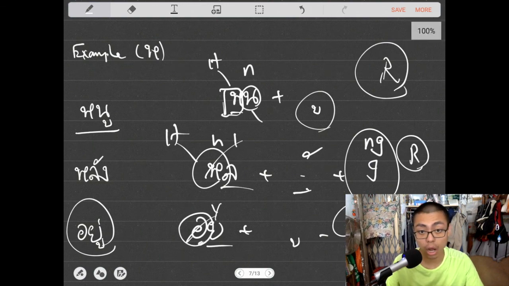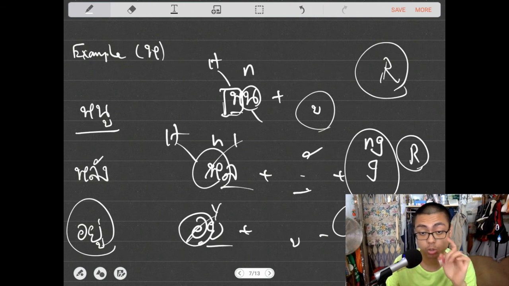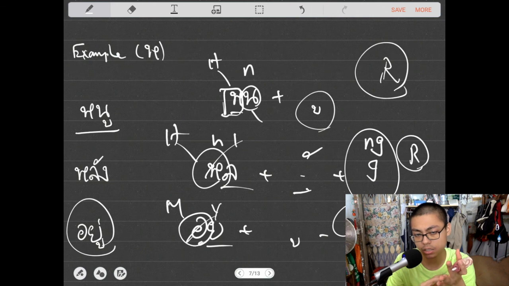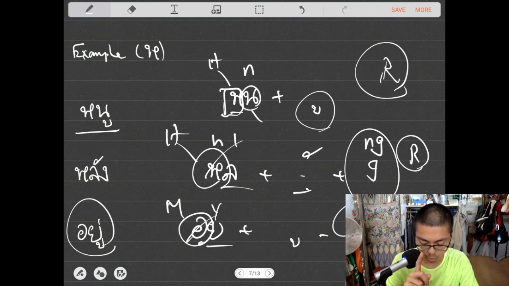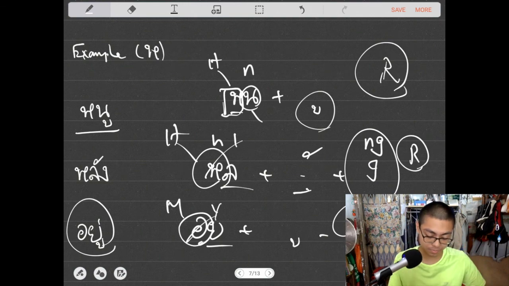We use ngo ang to determine the tone. Ngo ang is mid class, plus that tone mark is low tone. So you, plus low tone, you. So that's the pronunciation of this word you.